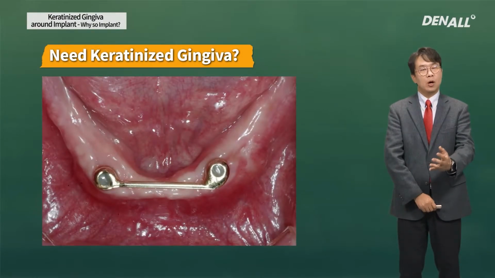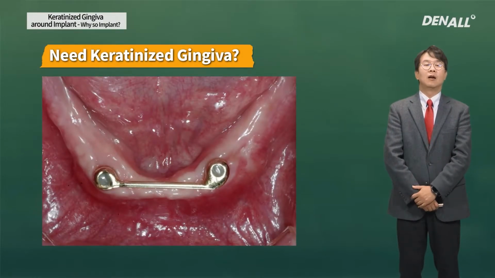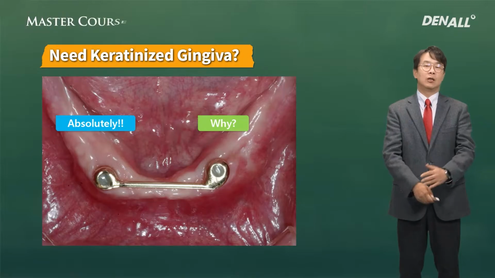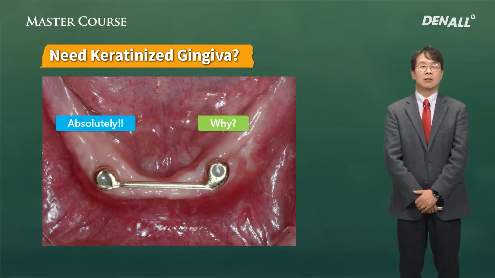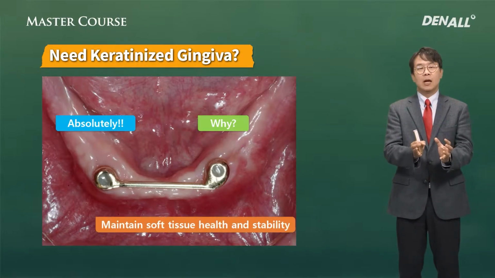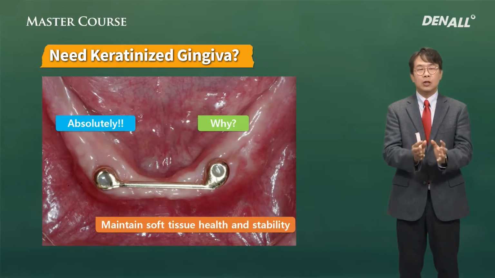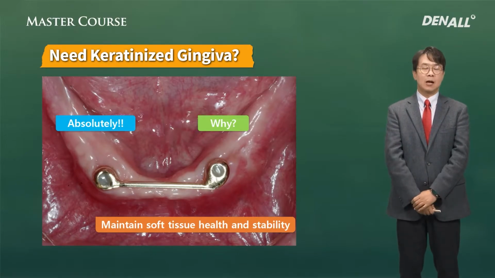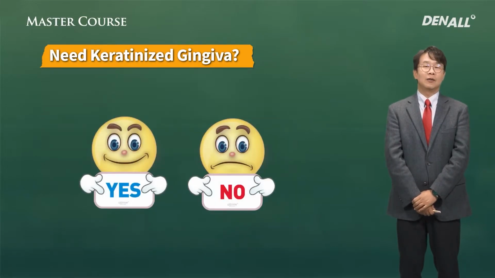Do we need keratinized gingiva or not? Some say absolutely necessary, and some say, why do we need that? What is important is we need to maintain soft tissue health and stability around an implant. Do we need the gingiva or not? There have been two contradictory views on that.